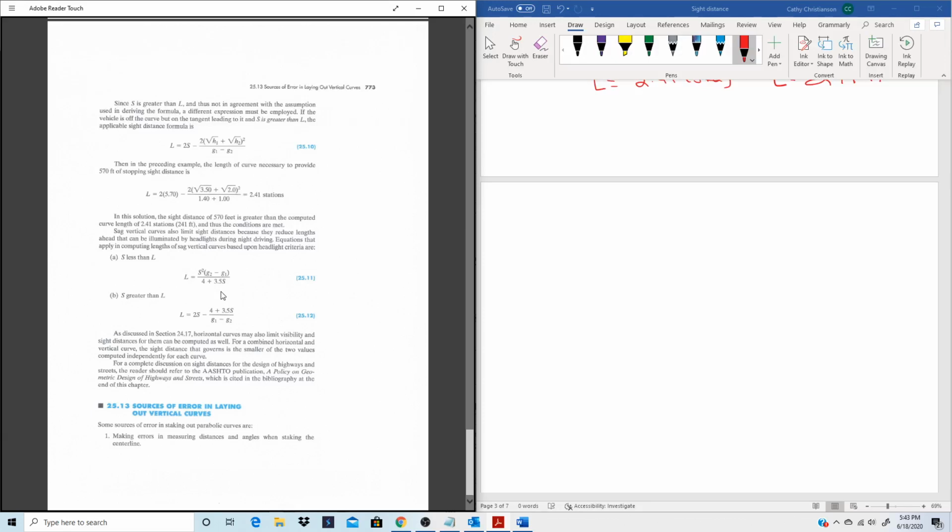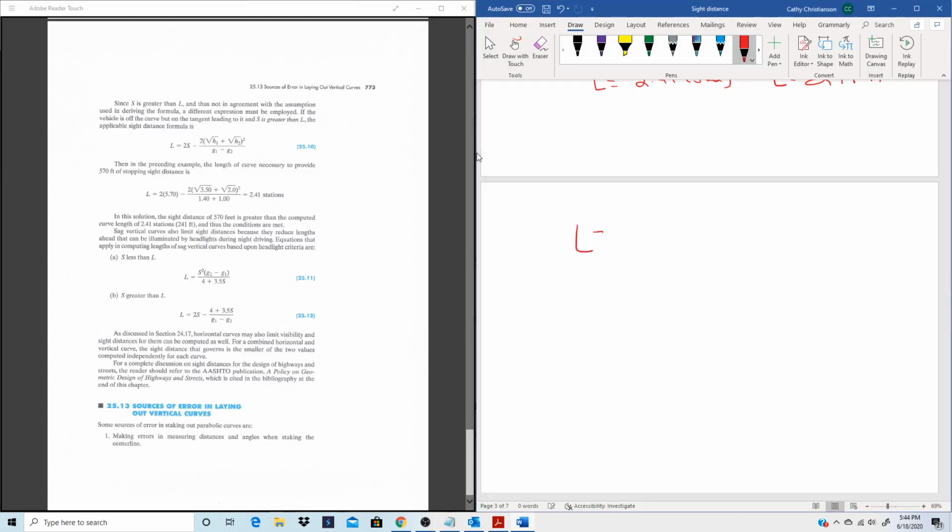S is your distance, or your required distance in stations, your G2 minus G1. The 4 and that 3.5 are constants. So just remember, I'll write them here for you.